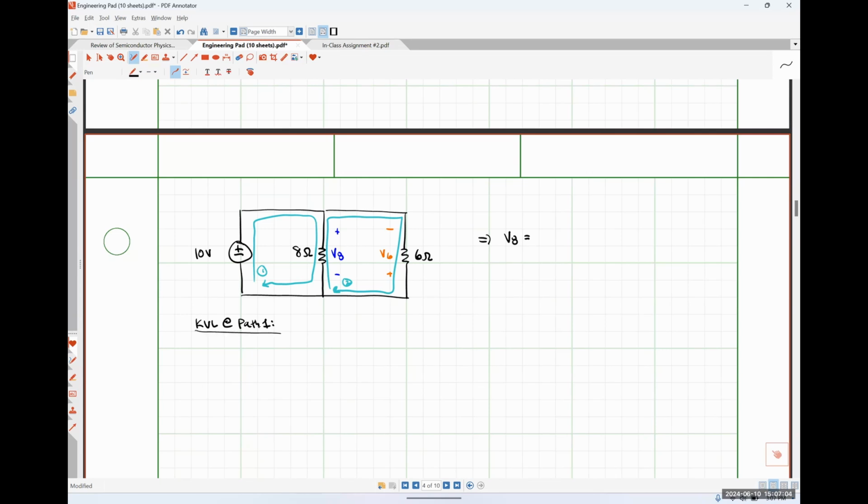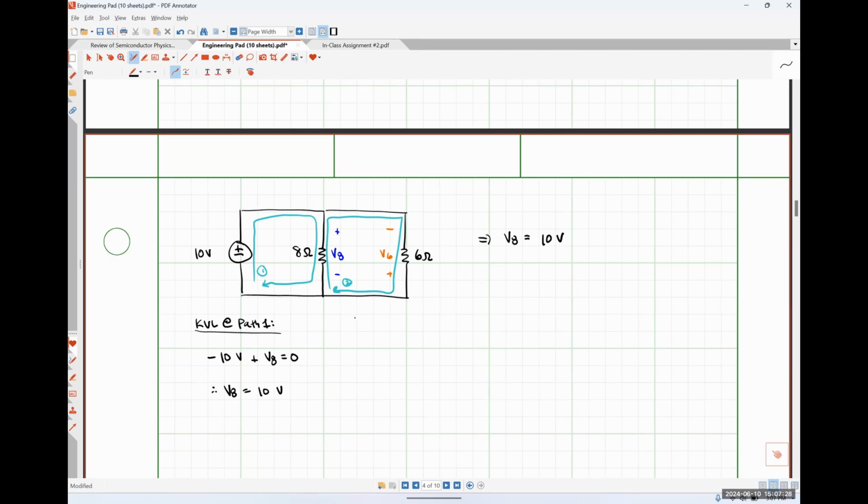Starting at the bottom left-hand corner, I would have negative 10 volts plus V8 is equal to 0. And rearranging this then, I would get V8 is equal to 10 volts.